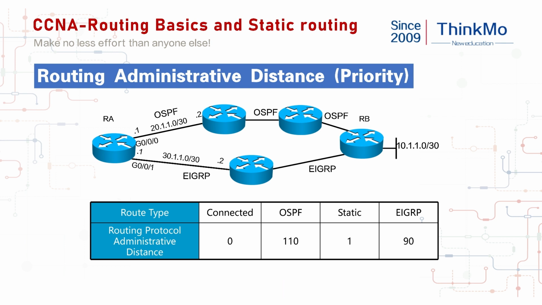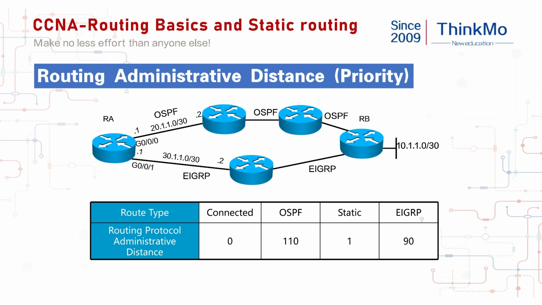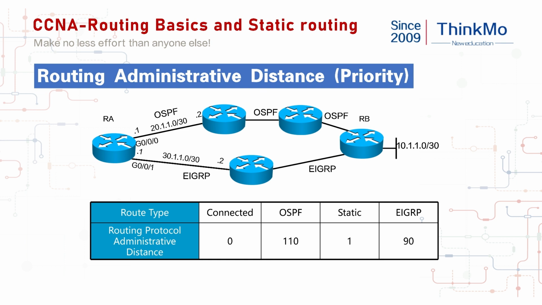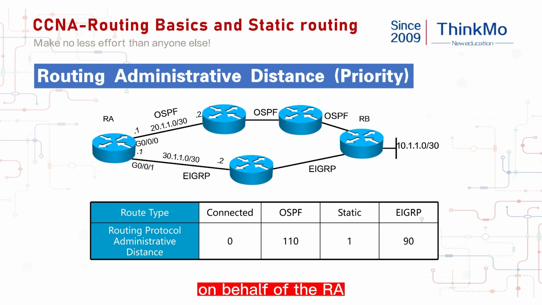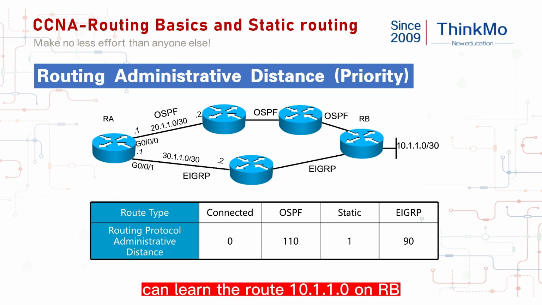Okay. Next we will have another concept called cost. For now, you will see one path marked with OSPF on it and another marked with EIGRP underneath. This represents that RA, through different routing protocols, can learn the route 10.1.1.0 on RB.